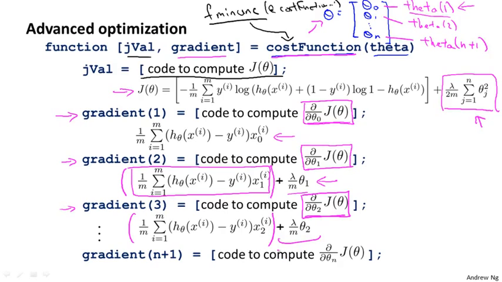So if you implement this cost function and pass it into fminunc, or one of those advanced optimization techniques, it will minimize the new regularized cost function J of theta, and the parameters you get out will be the ones that correspond to logistic regression with regularization.